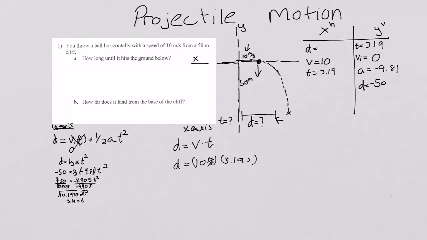Here you can see that the seconds will cancel out, and when you multiply those together, you get d equals 31.9. You can see that multiplying it by 10 just moved the decimal over. So there we go. We know that d is 31.9 meters. You've just found your time and your distance.